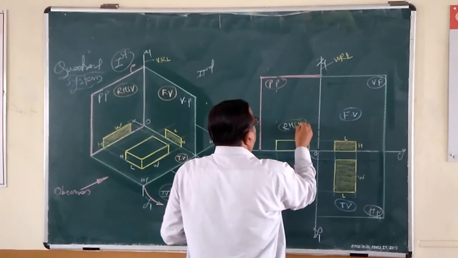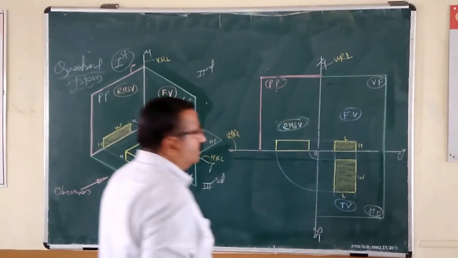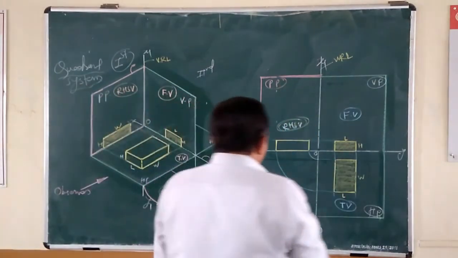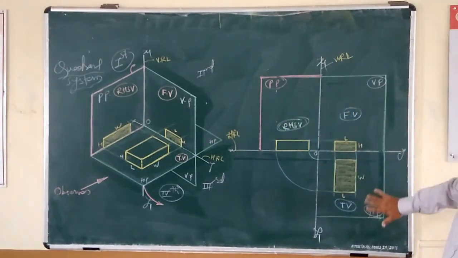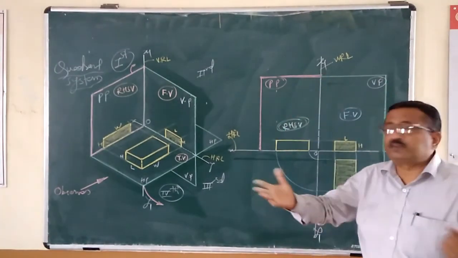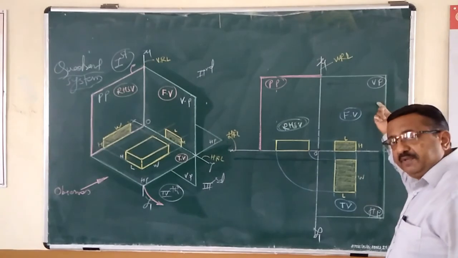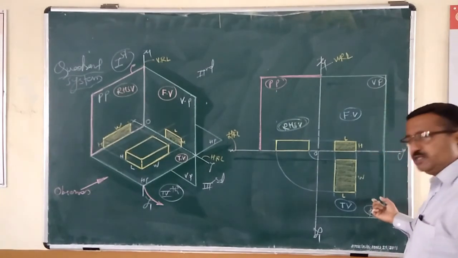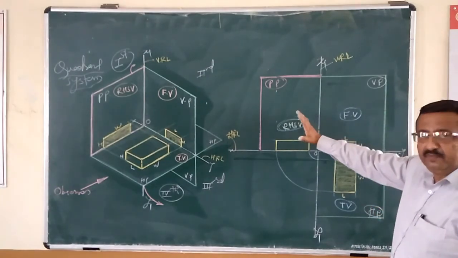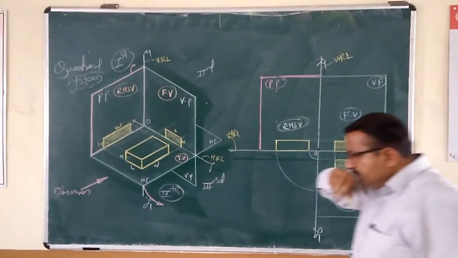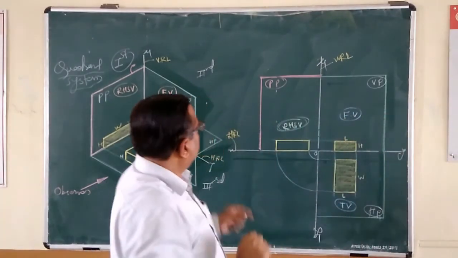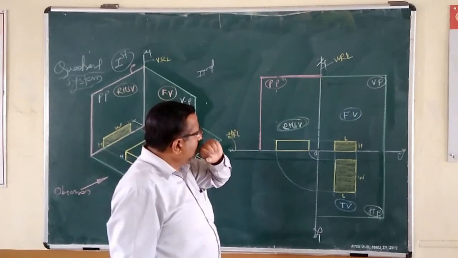Right hand side image that we have got over profile. So the principal planes of projection are the vertical plane, horizontal plane, and profile plane. Principal views of projection are the front view over VP, top view over HP, and right hand side image over the profile plane. Side view is also called the profile view.